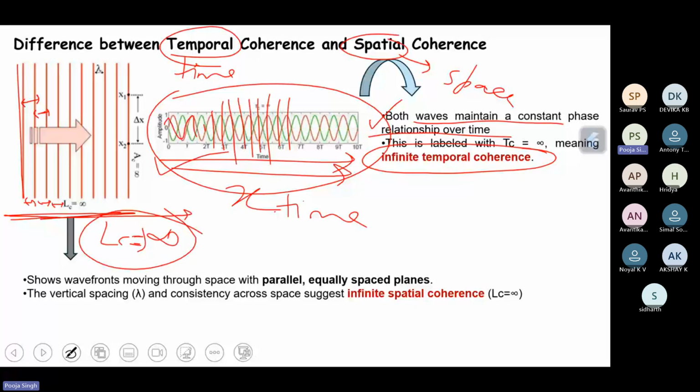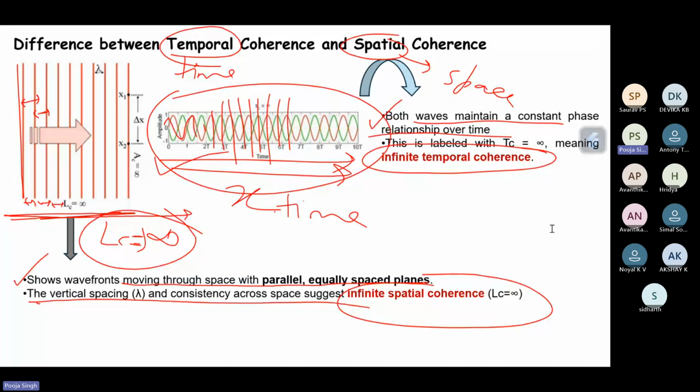So that's why we say that it has infinite spatial coherence. The wavefront moves through space with parallel and equally spaced planes, and the vertical spacing and consistency across space suggest infinite spatial coherence. So this is the difference between temporal coherence and spatial coherence.